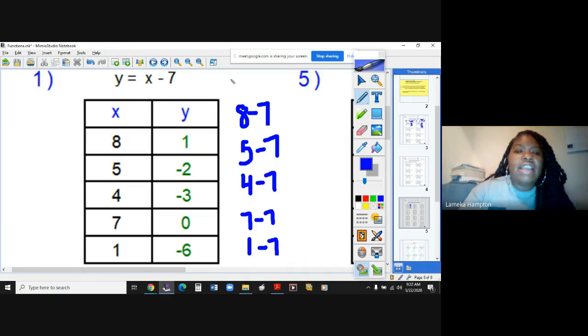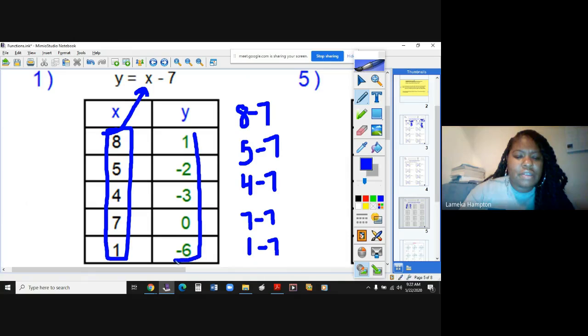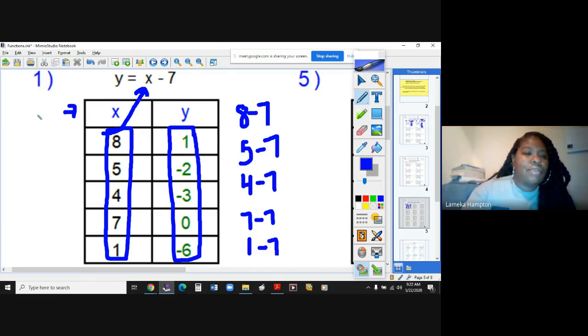So the only thing I did, I just took each of these values here, okay? Each of these values, and I just substituted them in for my letter x. And when I do this, when I solve, I am going to get these outputs, okay? So remember, x represents your input. That's the number you're putting in to get something out, okay?